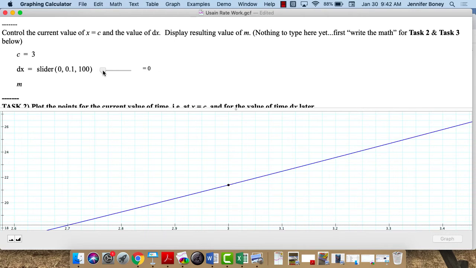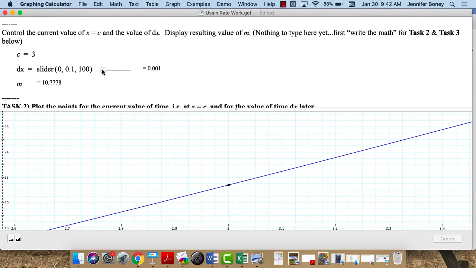If I go to 0, it doesn't give me a value. Notice if I make dx 0, I don't get a value for m. That's good because that would be a fraction with denominator 0. But if it's 1,000th of a second, I get 10.7778. Now that's likely rounded off from 10.7 repeating, it seems.